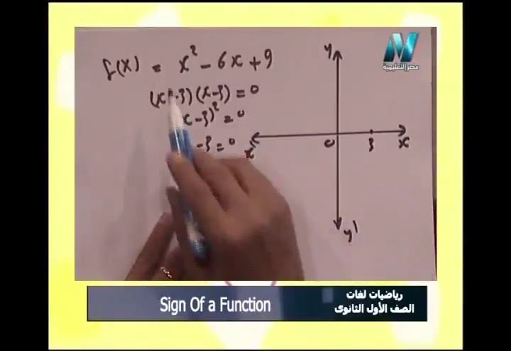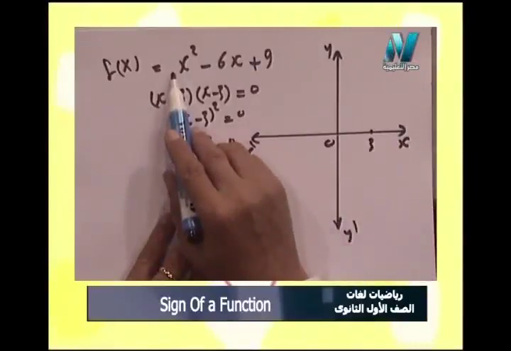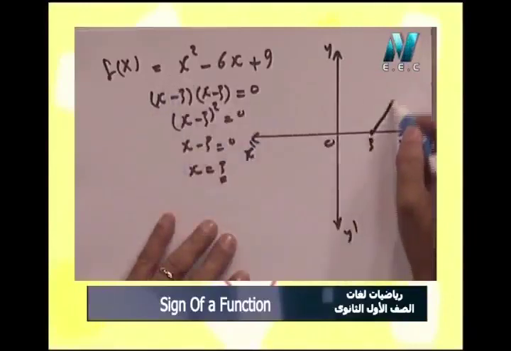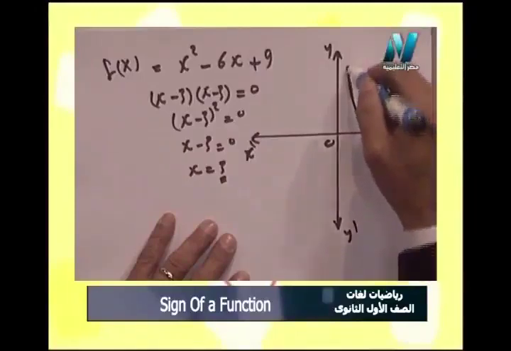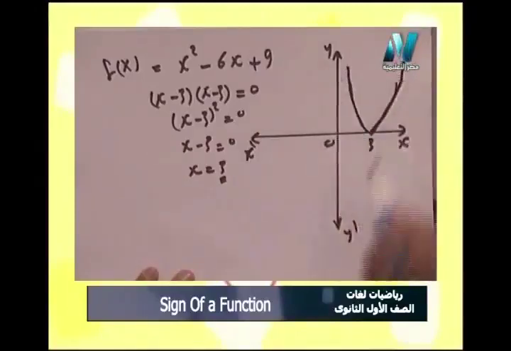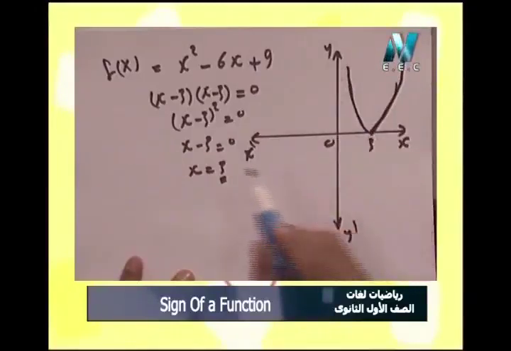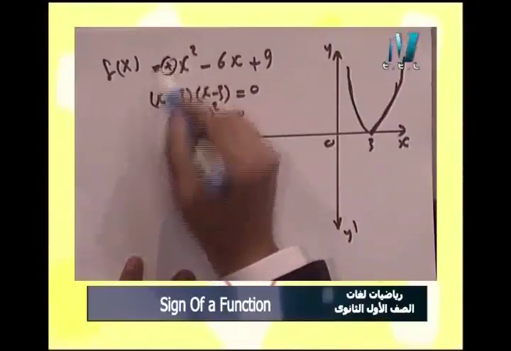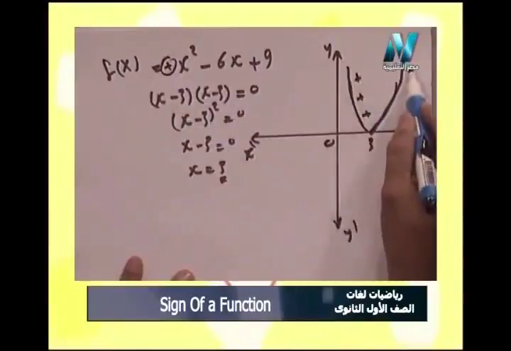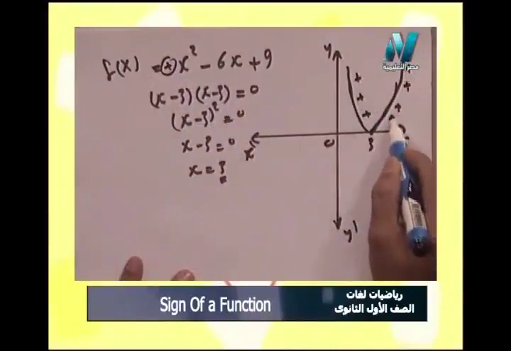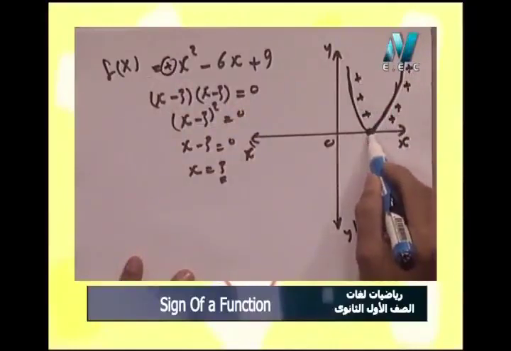The coefficient of x power 2 is positive, so the curve is upward and touches only at 3. Look carefully: the function is positive in this part and also in this part, but equals 0 only when x equals 3.